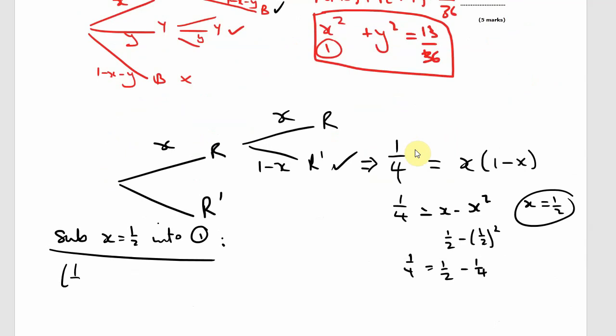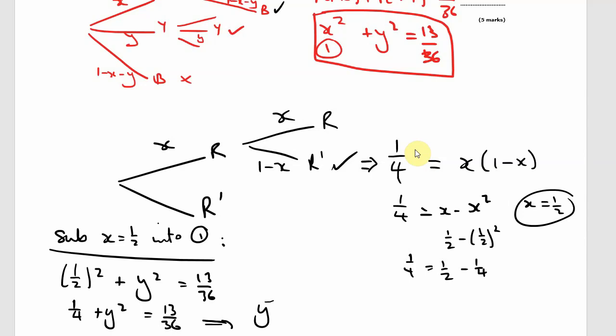So a half squared plus y squared equals 13 over 36. So that's a quarter plus y squared equals 13 over 36. I'm going to take the quarter away. So 13 over 36 take away a quarter, it's very nicely a ninth.